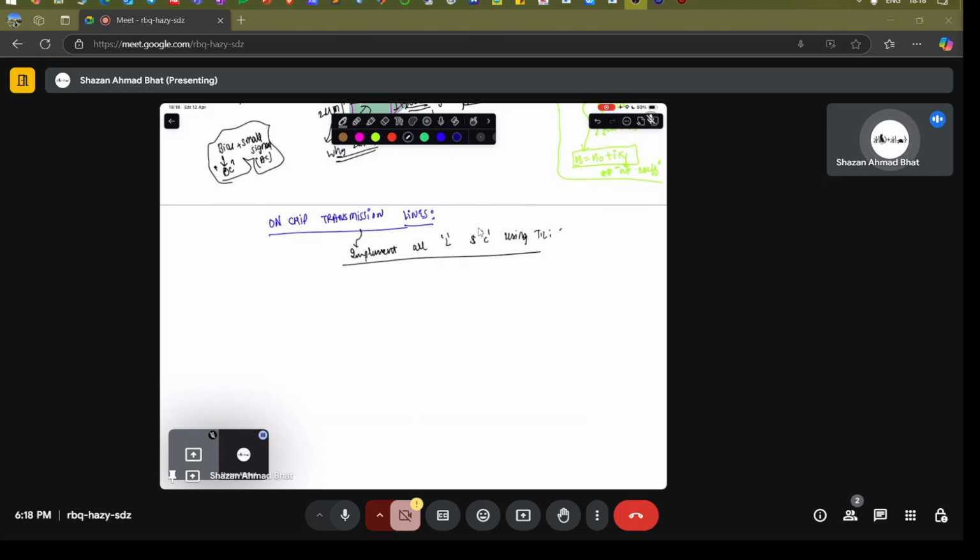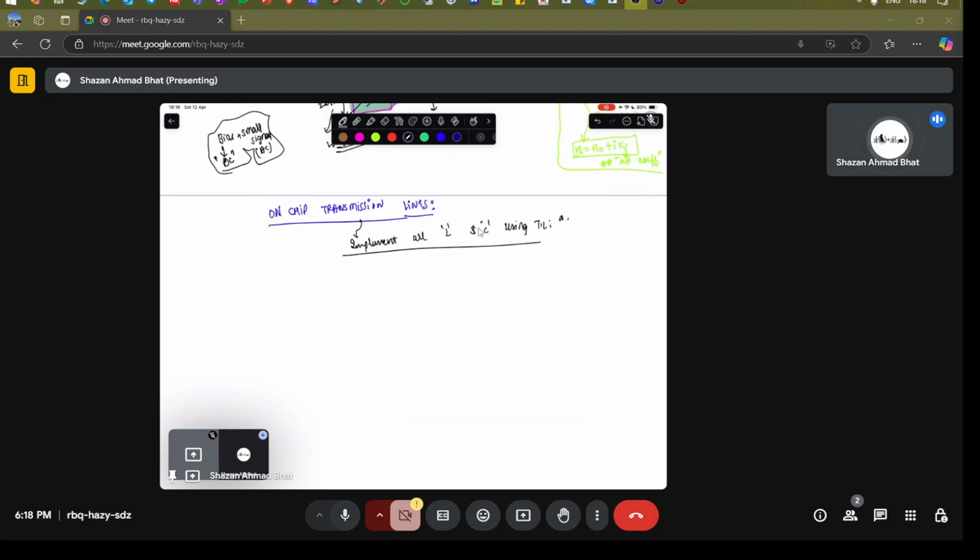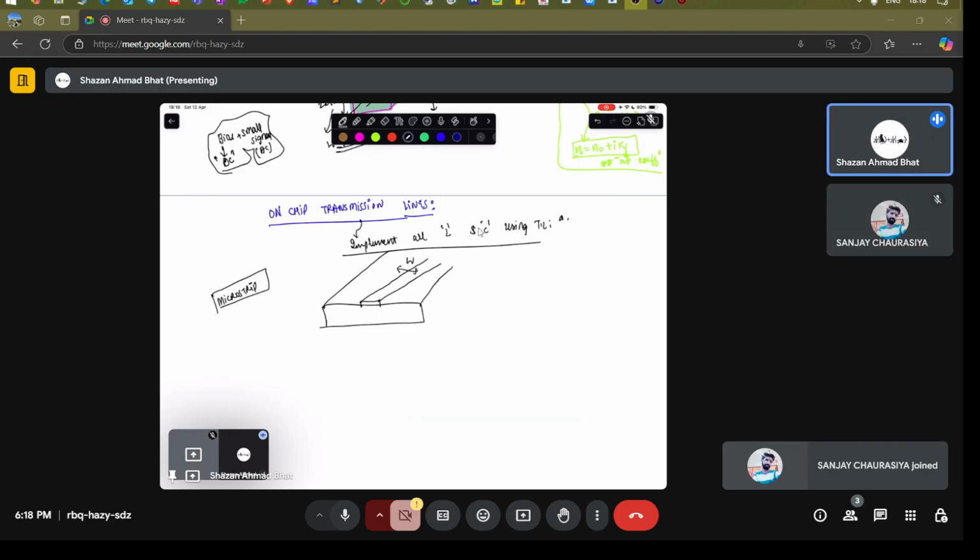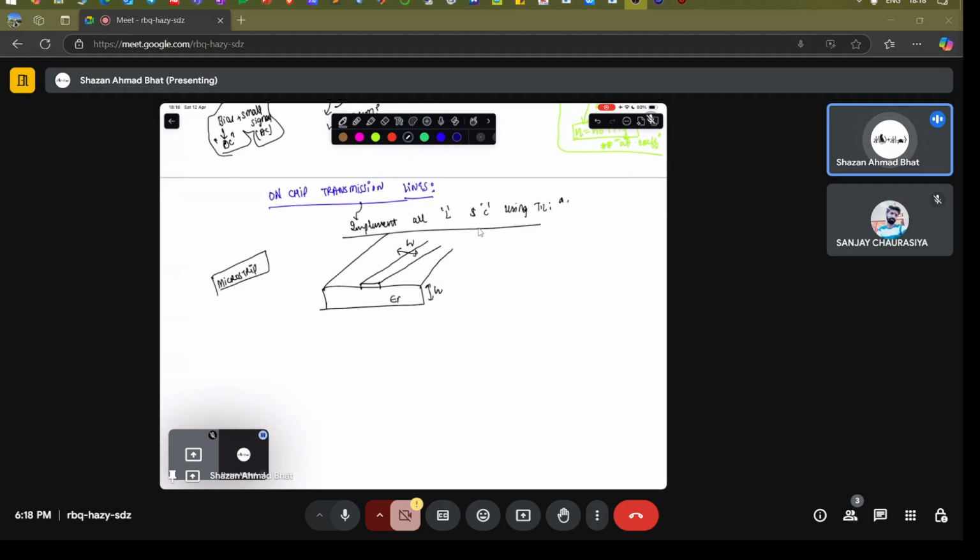One of the things you studied was the microstrip line. A microstrip line is something like, if you have a substrate and another layer, a metallic layer over it with width W, and this height is H, and the relative permittivity of this medium is epsilon R. You have studied about it in the previous session.